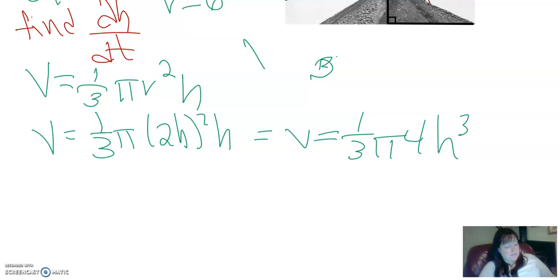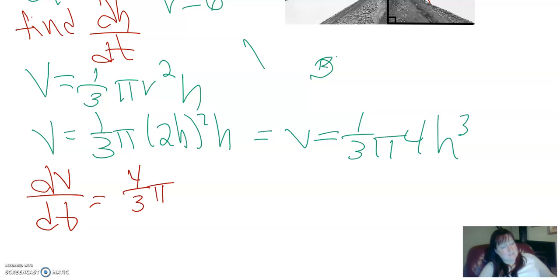So now we need to find how much this is changing. That's a derivative, right? So we're going to say how much is the volume changing, dV/dt, when this other stuff is changing as well. Well, we can rewrite that as 4/3 pi. That's not changing. That's a constant. But our variable h is changing, so we have 3h squared.